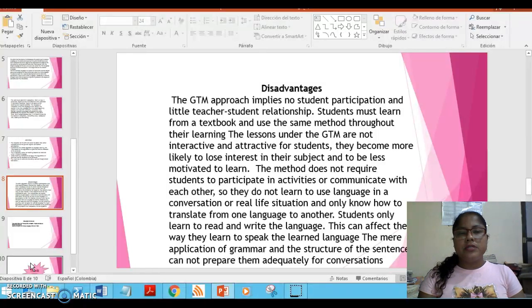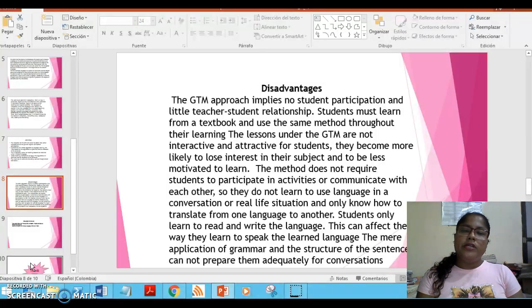The method does not require students to participate in activities or communication with each other, so they do not learn to use language in conversation or real life situations, and only know how to translate from one language to another.